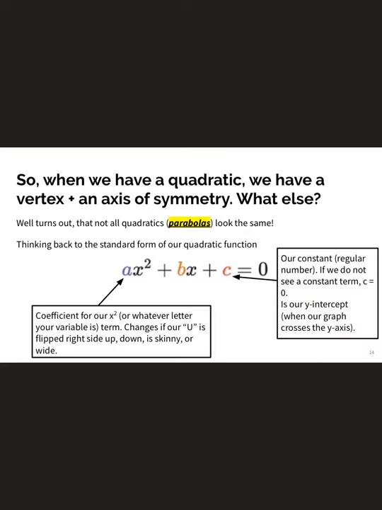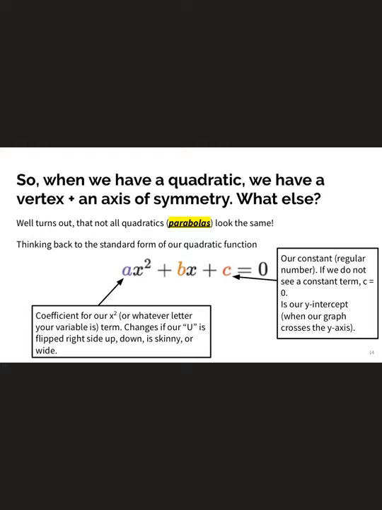So when we have a quadratic, we have a vertex and an axis of symmetry. What else do we have? It turns out we can actually find out a lot about the quadratics that we have just based on the equation alone, and we can predict what the parabolas or the graphs are going to look like.